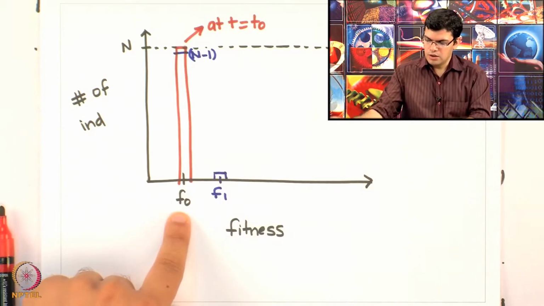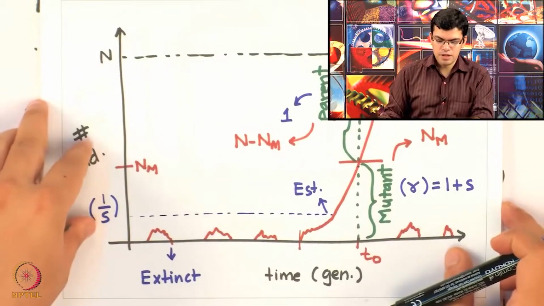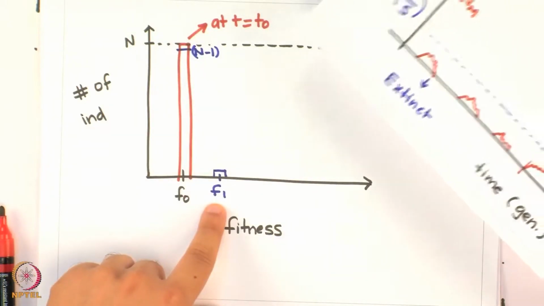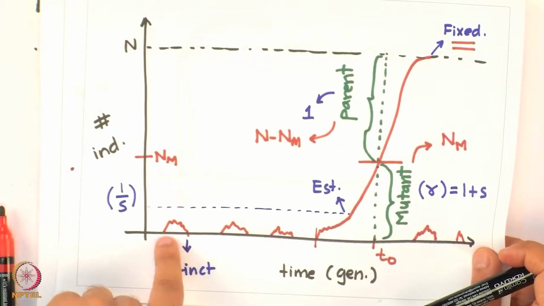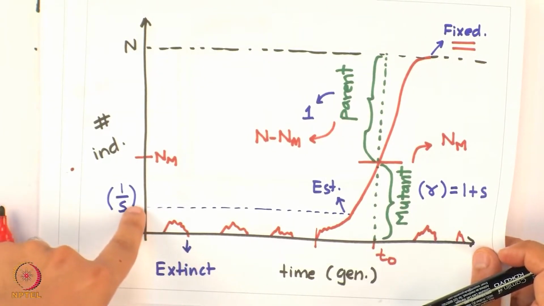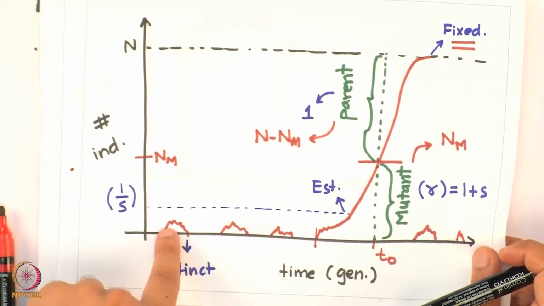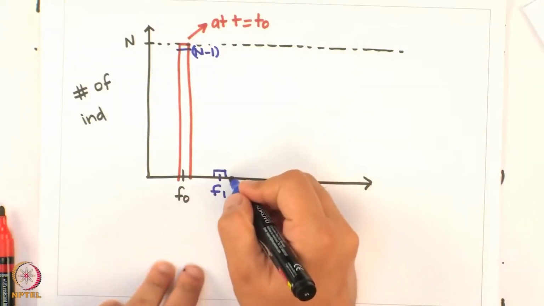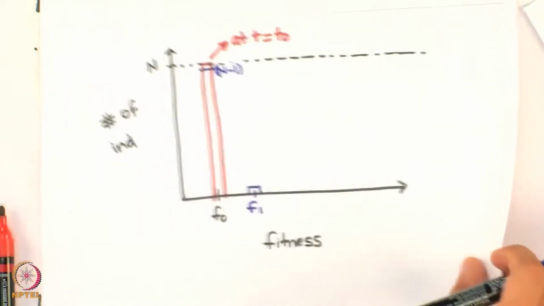And again, what we have been discussing so far, the same forces come into play. This individual that has arisen, which is at fitness F1, might increase in numbers, but it will be subject to random effects while its numbers do not cross this threshold of establishment. And more often than not, this mutation will just go extinct. So, in this case, if this mutation goes extinct because of genetic drift at t equal to t2, let me just redraw that.